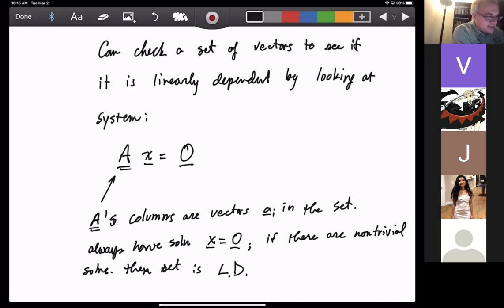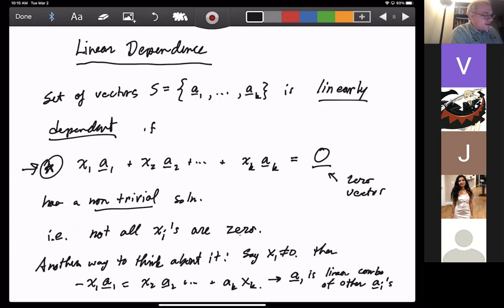So LD is linearly dependent. And remember, if there are solutions, there's going to be infinitely many solutions. Effectively, what's really going on there is that when the set of vectors is linearly dependent, some combination of those vectors is equal to the 0 vector.